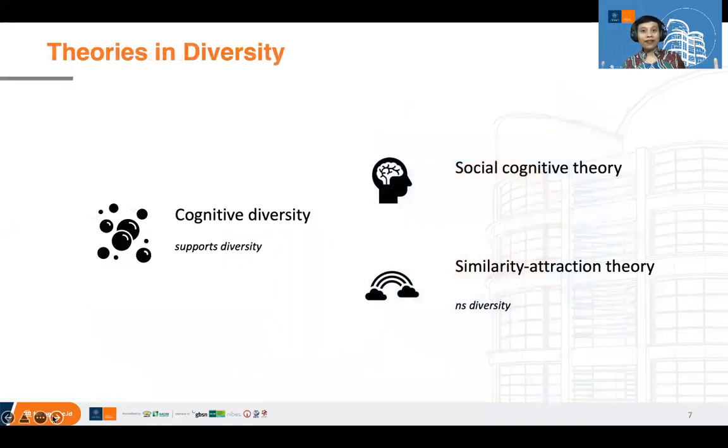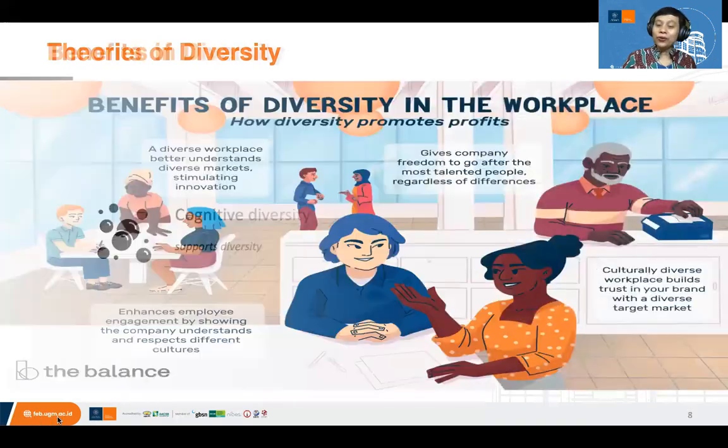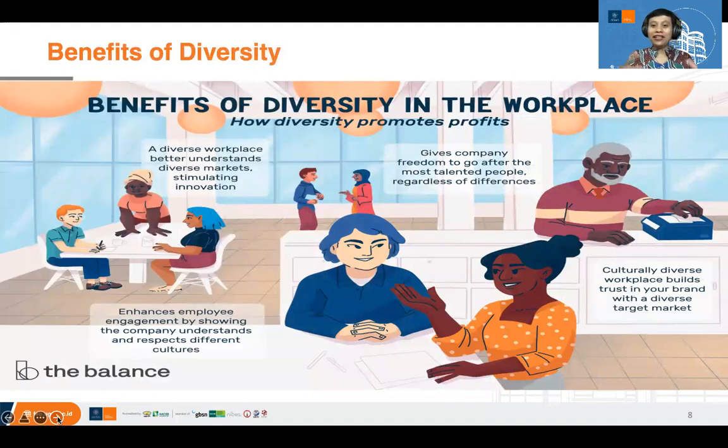If we deal better with diversity, there will be more creativity, as stated by cognitive diversity theory. We can also take benefits from that diversity. There will be perks, such as creating better engagement with our employees if we deal better with diversity in our meeting.